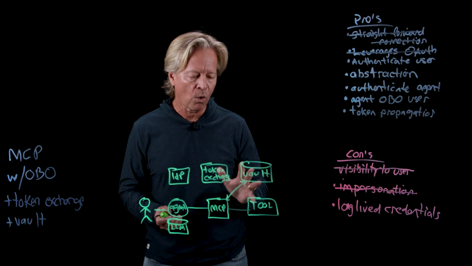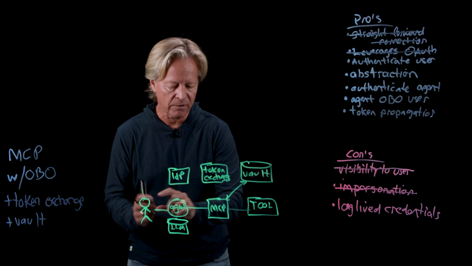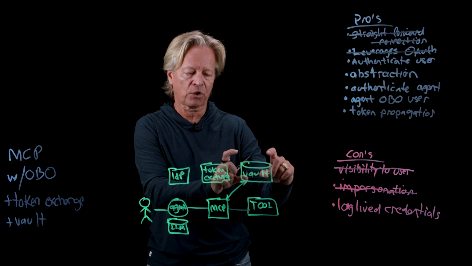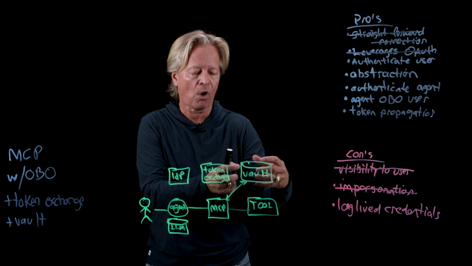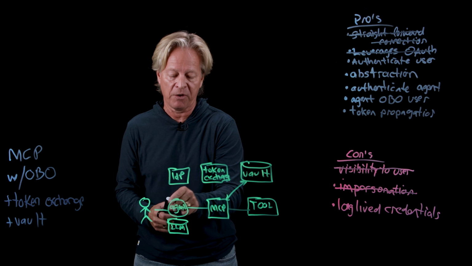We really want tokens to be very short-lived. So if they're intercepted and replayed, then they only last a short time, and then there's no longer the ability to do that. So what we introduce now is, instead of the tool, instead of this whole flow bringing an access token back here, we store that long-term token in a vault that we can really lock down and control, and then the vault issues a short-term credential to MCP for the user.